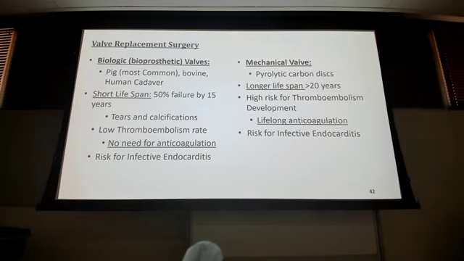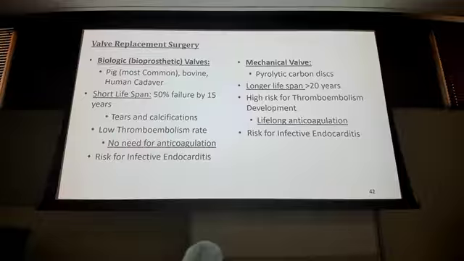Let's say you have a woman of childbearing age who wants to get pregnant, probably also not the person you want on anticoagulants, right? So assessing those patient risks can help you determine which one would be better in that patient.